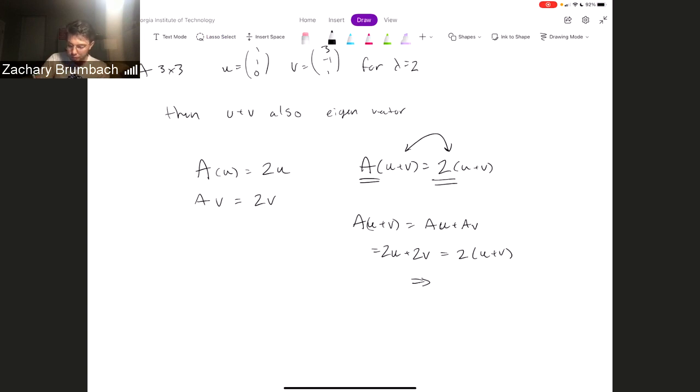Therefore, this is an eigenvector for lambda equals 2. That's just a quick check how you could do it. You could also just see this step here, and that would be true. Yeah, subspaces.